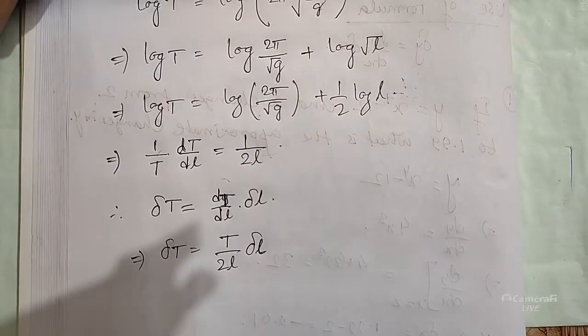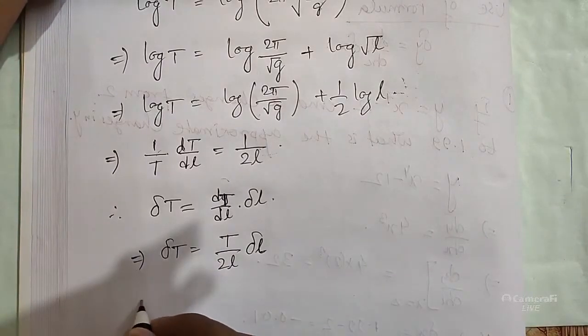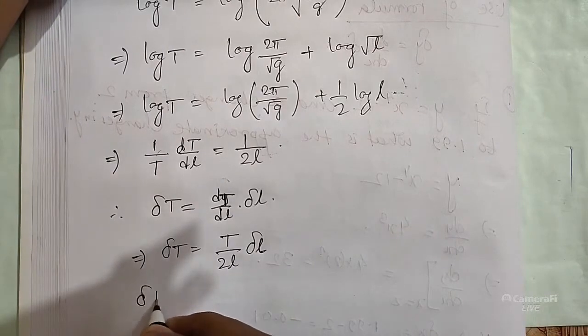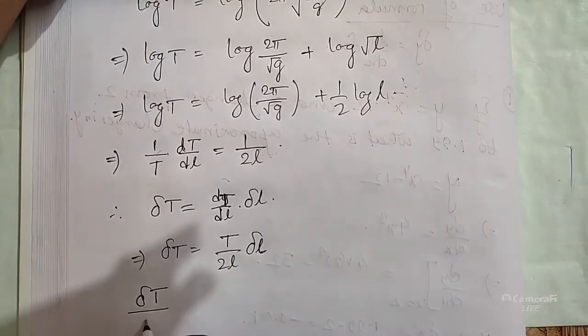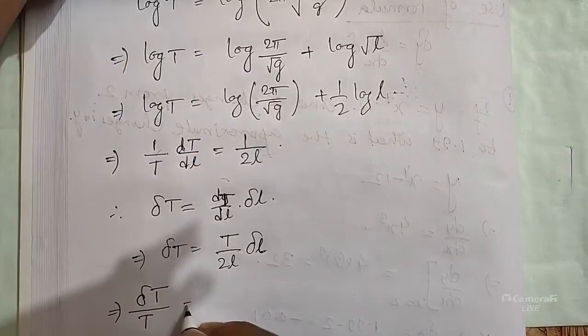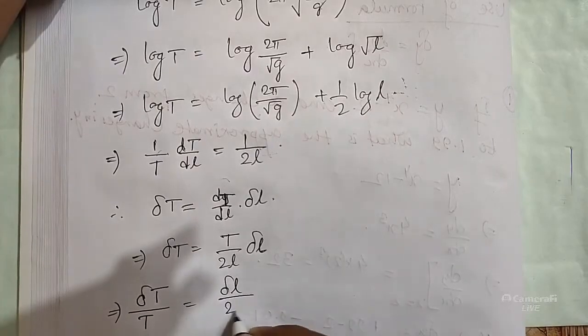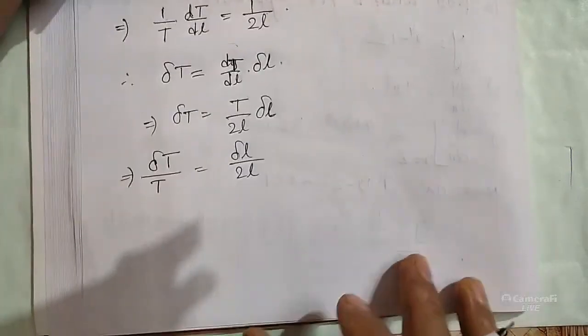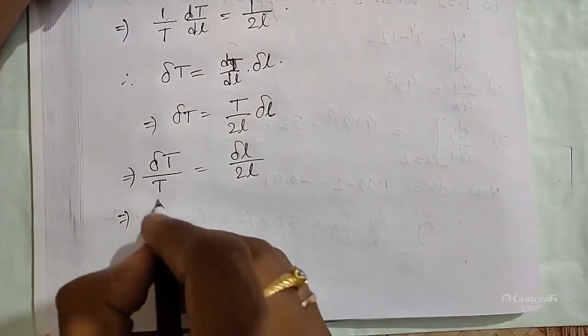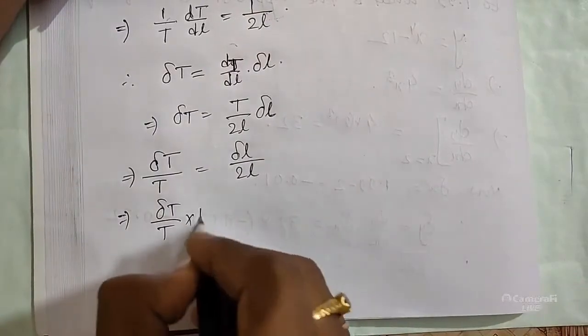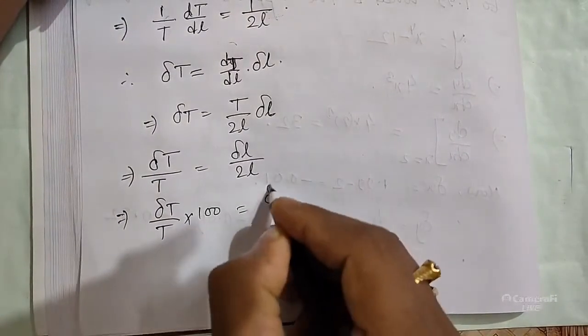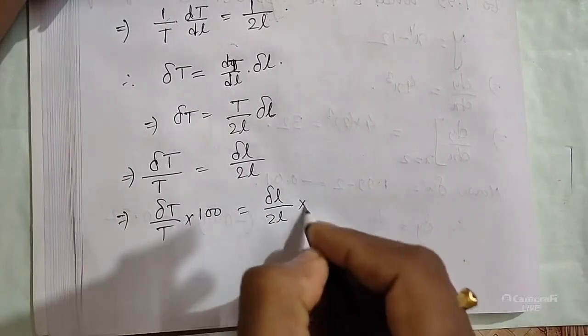Now percentage we have to find. That means del T by T is equal to del L by 2L. This implies del T by T into 100 is equal to del L by 2L into 100.